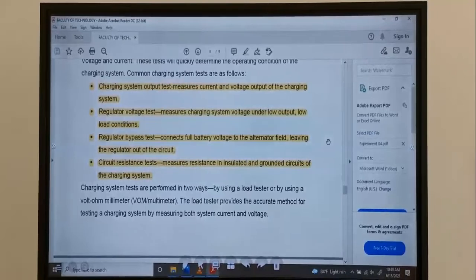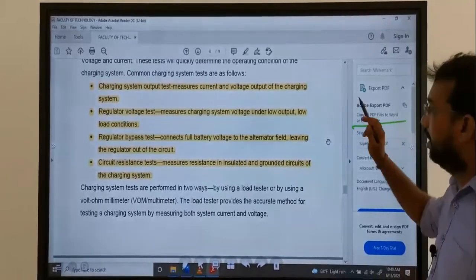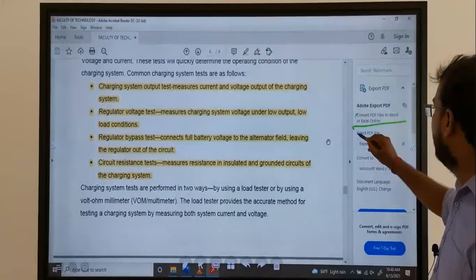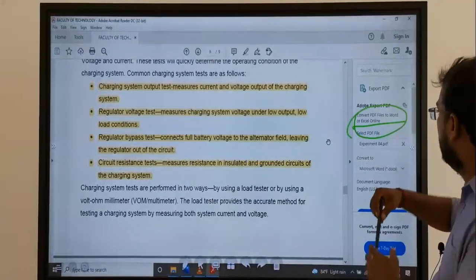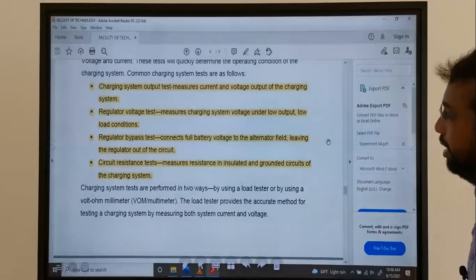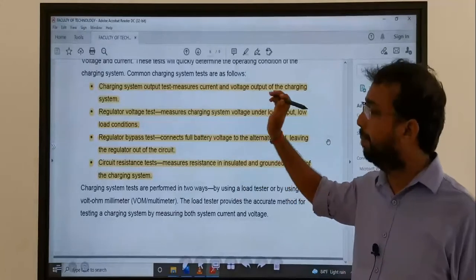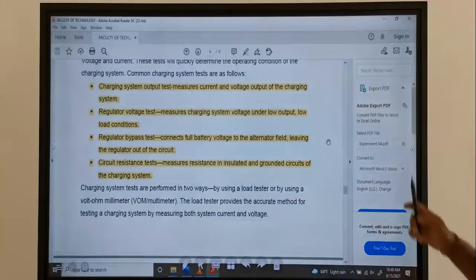In any load condition, low or high, the output voltage cannot change. We can check the voltage, but we cannot say that only the regulator is wrong. There may be a problem in the rotor or stator.